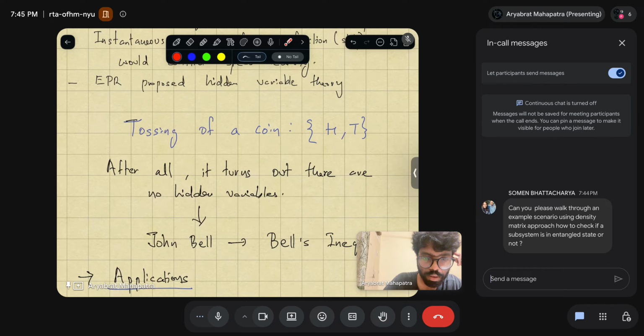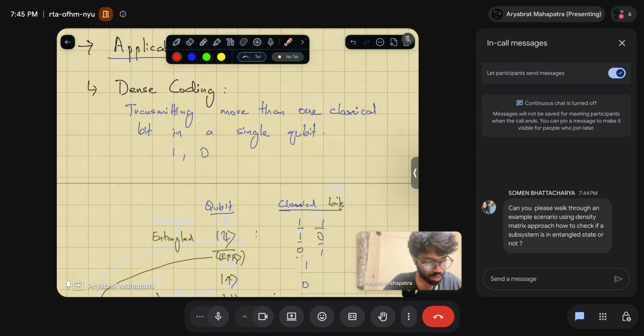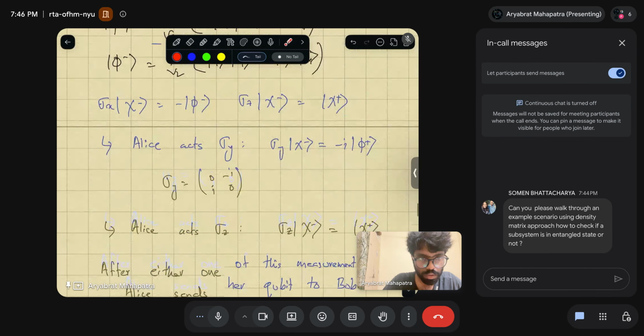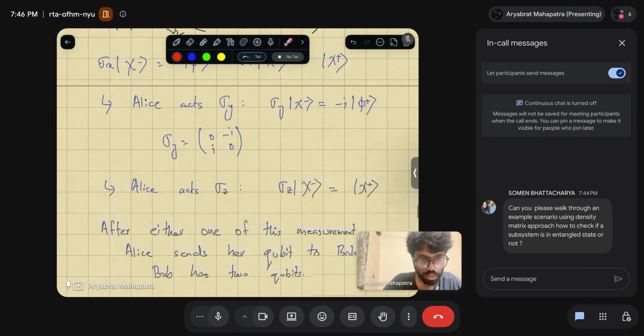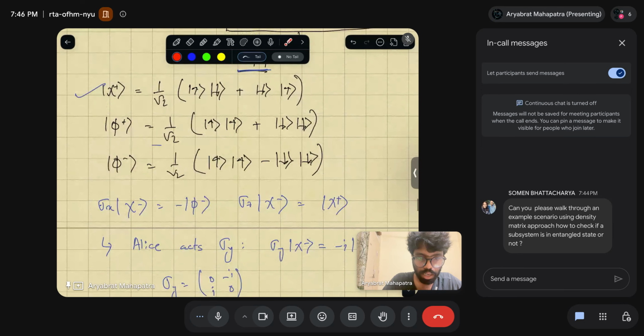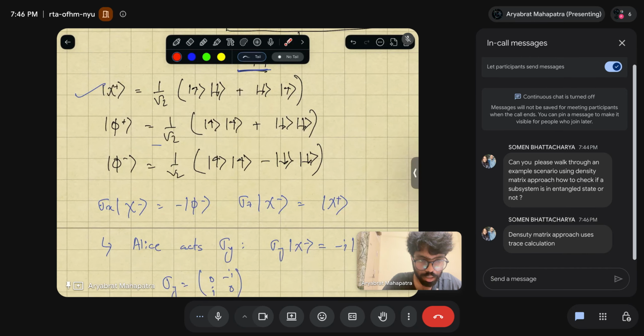Could you tell me exactly what you want to know? If you want to know density matrices, it would be the way we have been defining using the states here. There will be trace calculations.